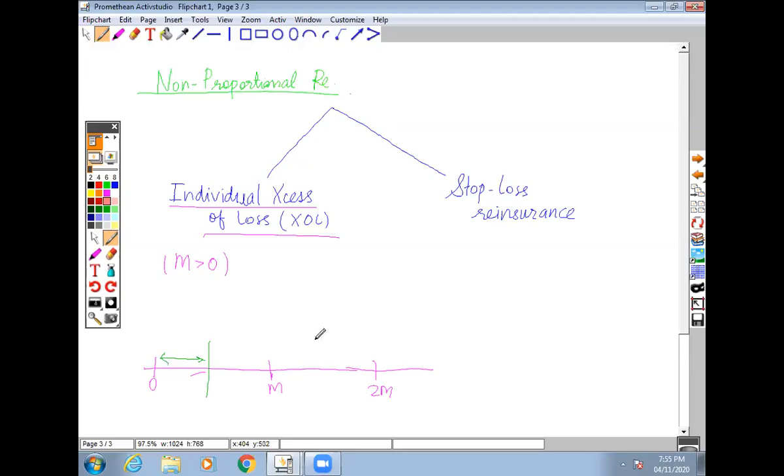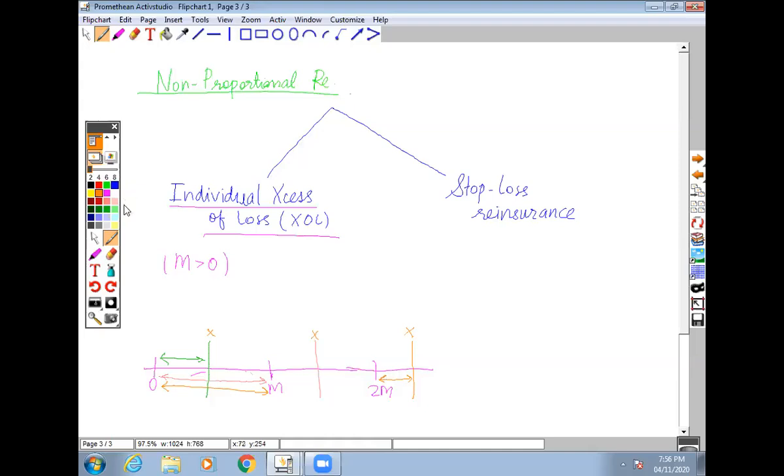But if the claim amount is somewhere here, then the insurance company will only pay this much and the rest of it will be met by the reinsurance company. But if the actual claim lies somewhere here, this much part of it will be paid by the insurance company and the rest by the reinsurance company. And the part that lies above the limit 2M will be paid by the insurance company again.